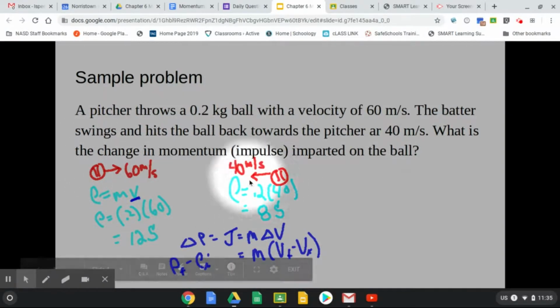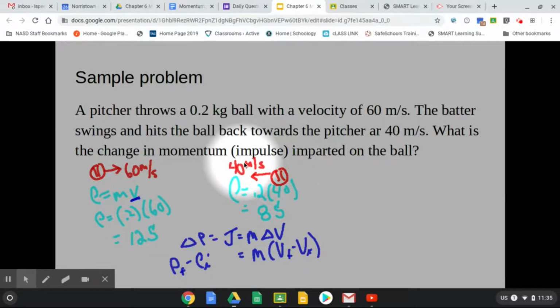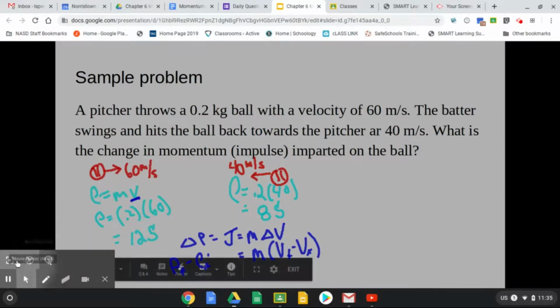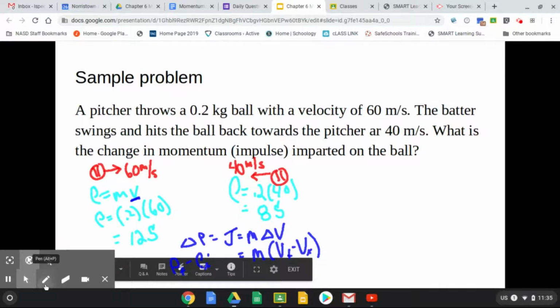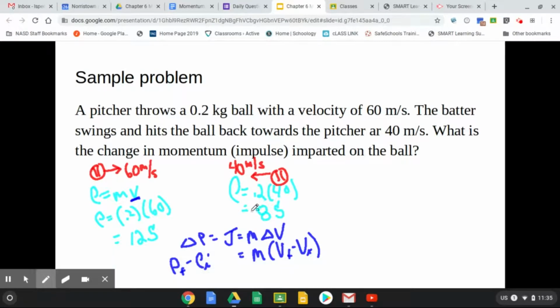This baseball is going in the opposite direction. So we have to make this amount of momentum a negative, right? Because it's in the opposite direction. Because this velocity up here is a negative.